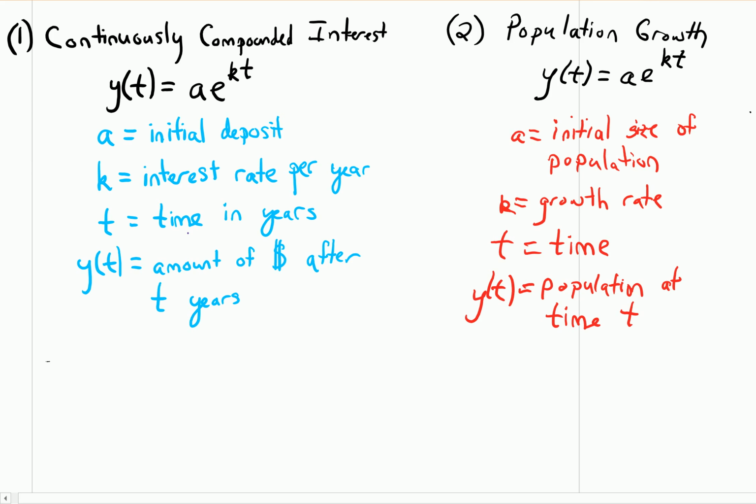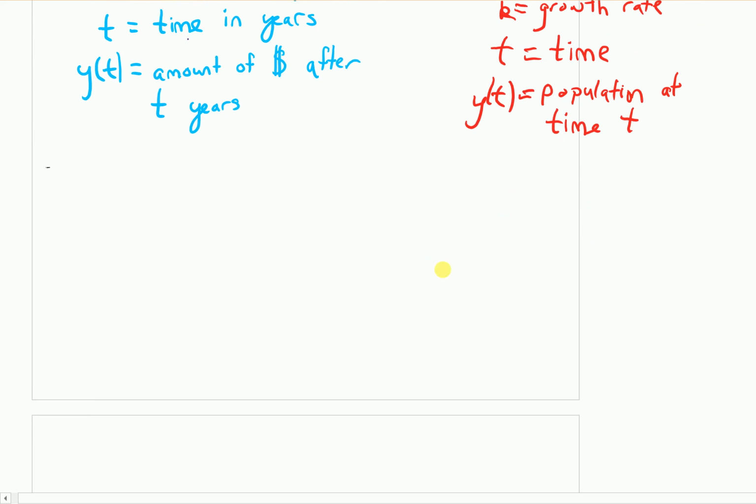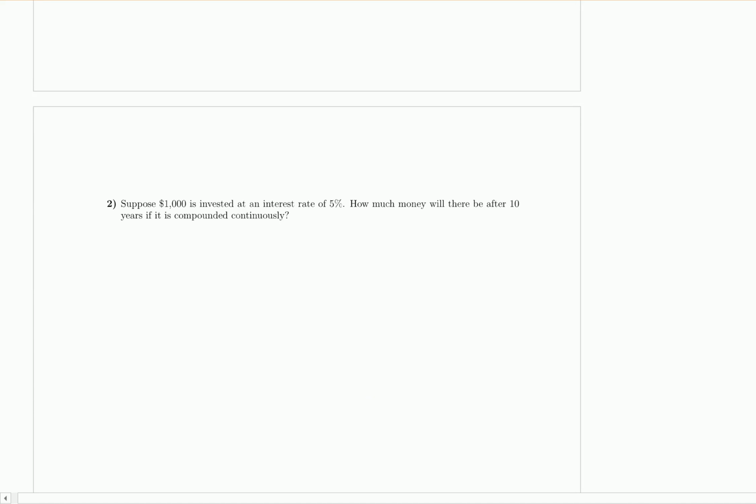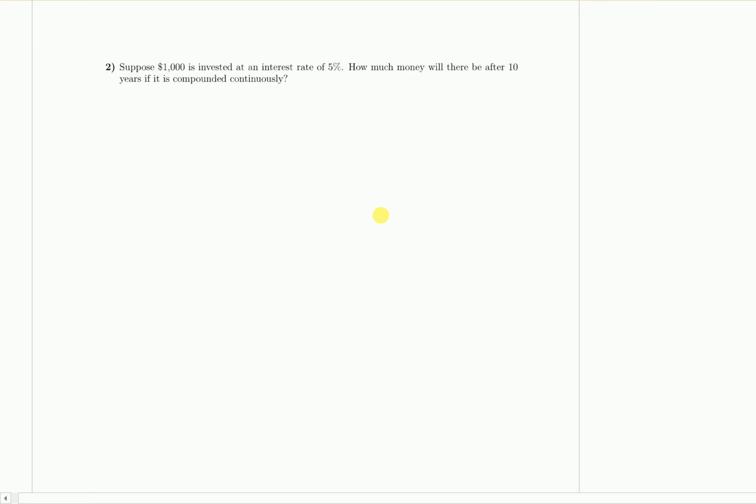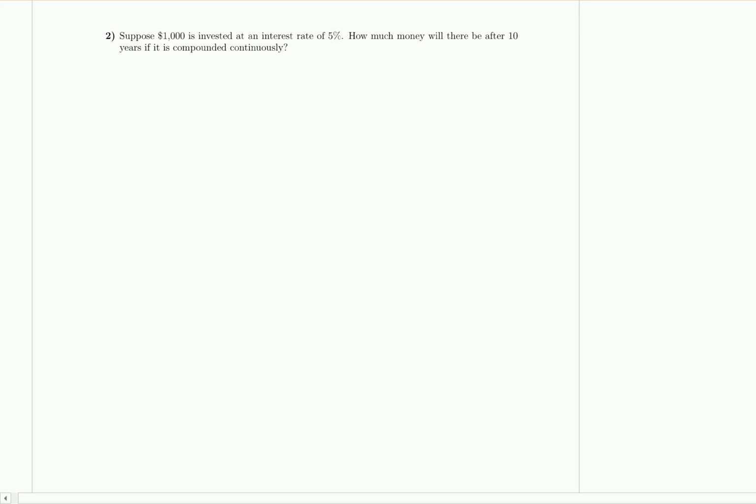So I'll start off with some examples of continuously compounded interest, and then after that I'll look at some examples of population growth. Okay, so the first example that I want to look at is this. Suppose that $1,000 is invested at an interest rate of 5%. And then I want to know how much money there will be after 10 years if it is compounded continuously.